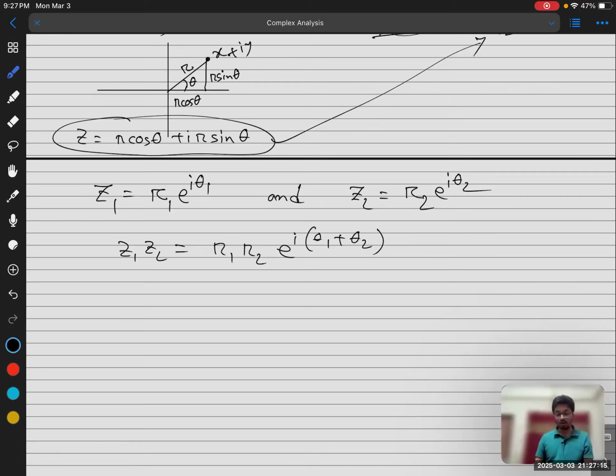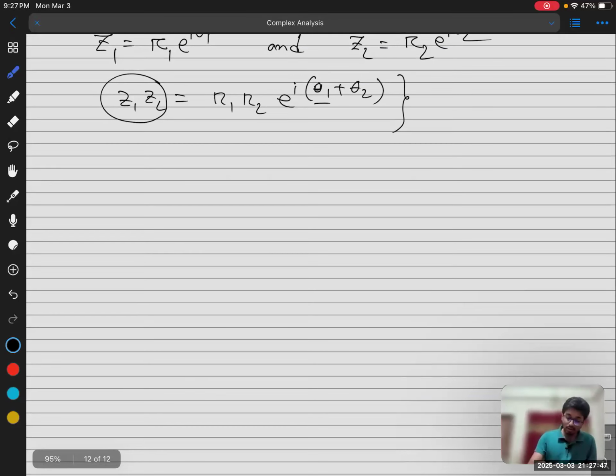So our argument that we already proved geometrically, that if we take the multiplication of two complex numbers, then their modulus will be the multiplication of their individual moduli, and the argument of z1 z2 will be argument of z1 plus argument of z2. It makes more sense here after involving the Euler equation.